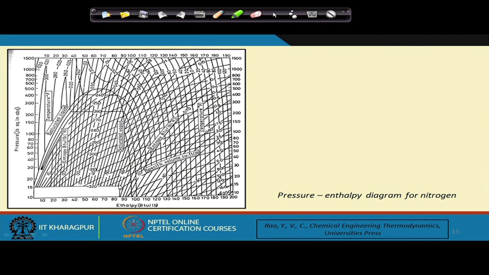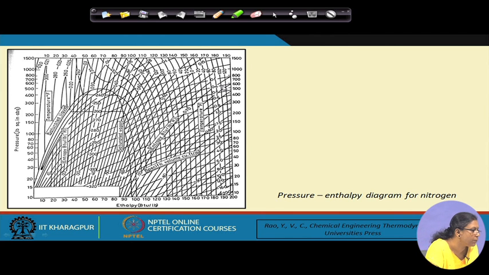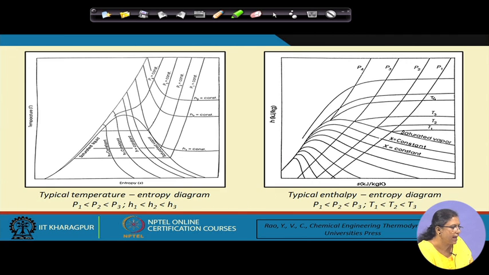A few of these are the pressure enthalpy diagram, which is shown here. This particular diagram is shown for nitrogen, and here if you observe, you find that the entropy curves are given, the pressure and enthalpy are given, and we also have the specific volume data and the temperature data. So therefore, it contains a large number of data, and you will be in a position to find out the enthalpy and entropy. We can have such particular charts for other gases as well.